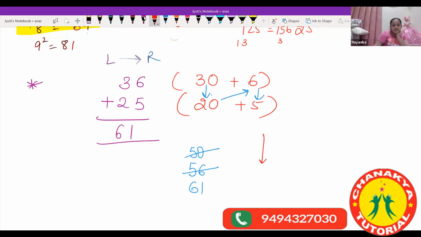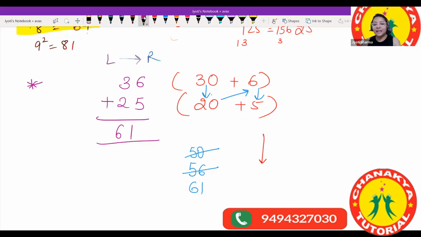Like sir told, we need to decrease one base number. That is base method addition. It is related to expanded form.